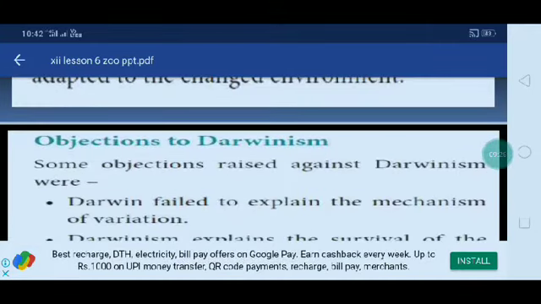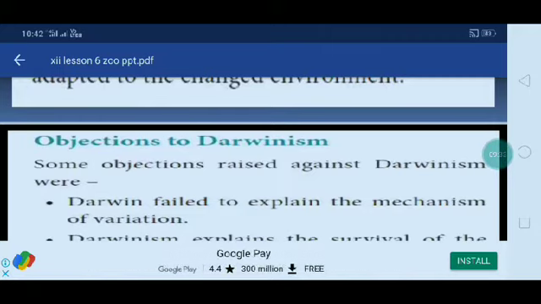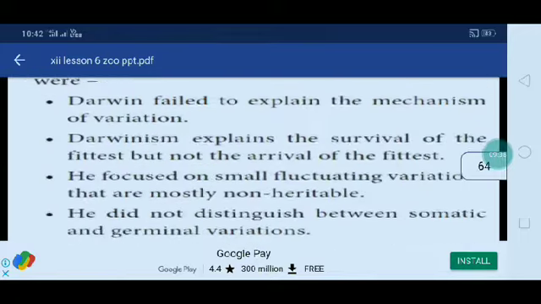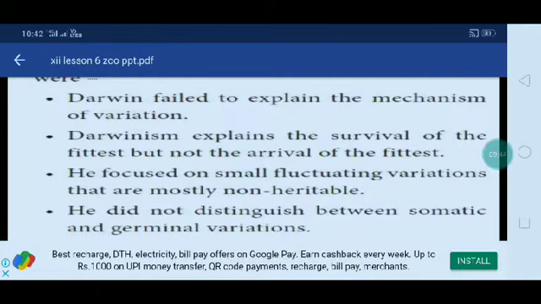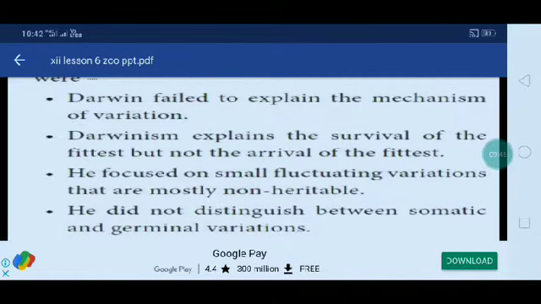Objections to Darwinism. Some objections raised against Darwinism were: Darwin failed to explain the mechanism of variations. Darwinism explained the survival of the fittest but not the arrival of the fittest. He focused on small fluctuating variations that are mostly non-heritable.